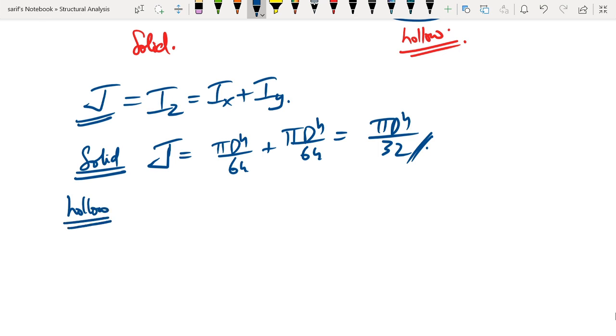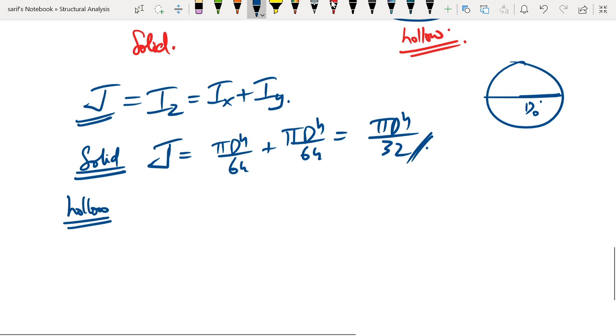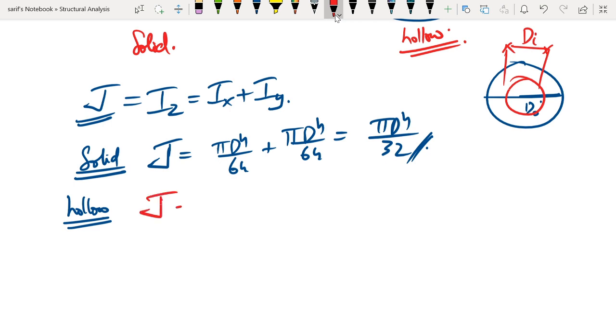Okay. Similarly, if we try to do the same exercise for a hollow circular shaft, we will be having an outer diameter, that is d outer, and you can also have an inner diameter. So the inner diameter, let us call it d inner. So how do we get the polar moment of inertia? All you have to do is take the polar moment of inertia of the larger cylinder minus the polar moment of inertia of the smaller cylinder.